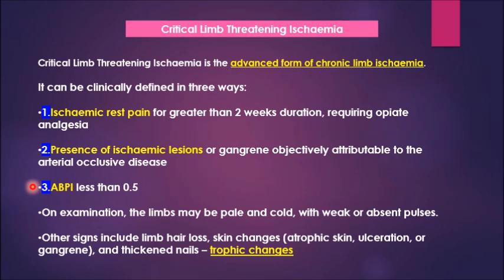On examination, the limbs may be pale, cold, with weak or absent pulses. Other signs include chronic limb ischemic signs such as hair loss, skin changes such as smooth, atrophic skin, ulceration or gangrene, and thickened nails. These are called the trophic changes of chronic limb ischemia.